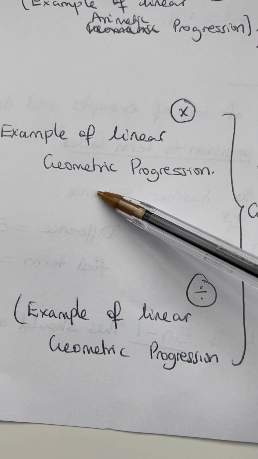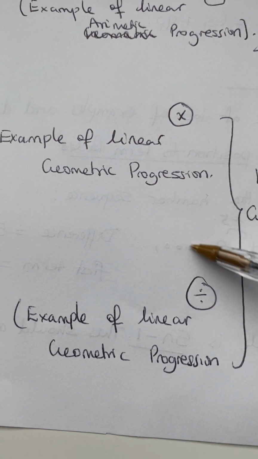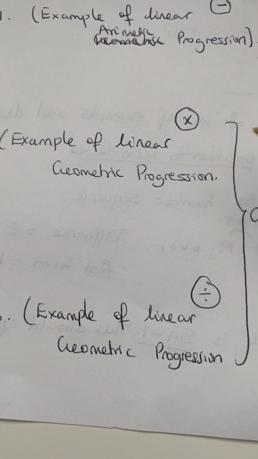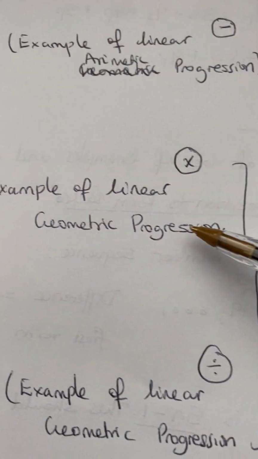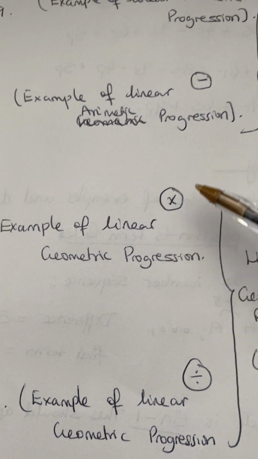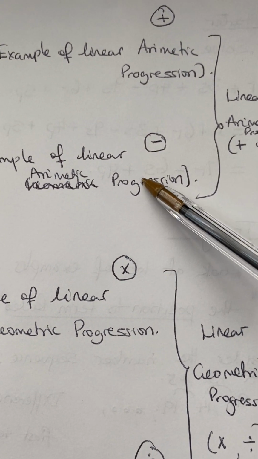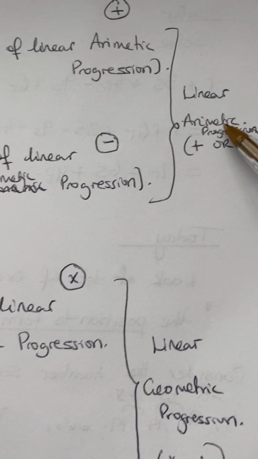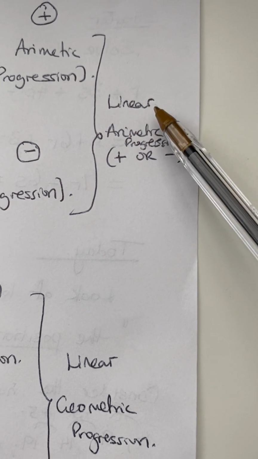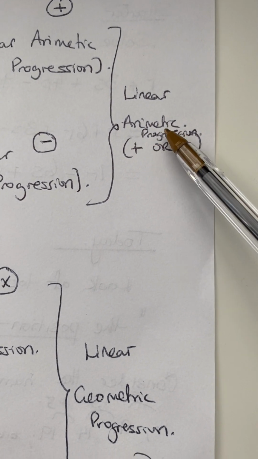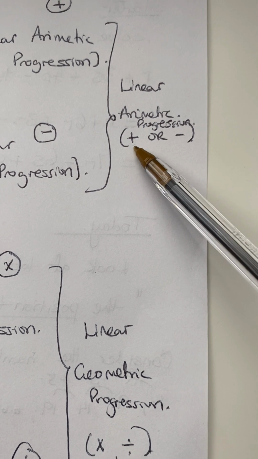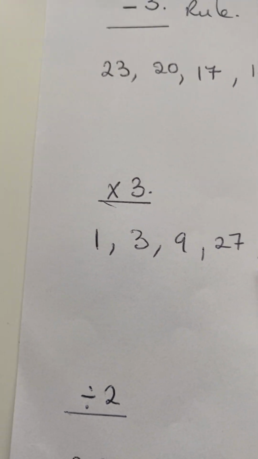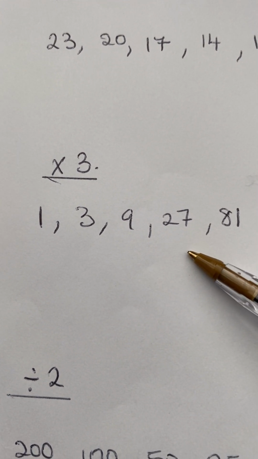If it's multiplying or dividing, then it's a geometric progression. So the first two examples are linear arithmetic progressions, adding or subtracting. Now here it is times 3.